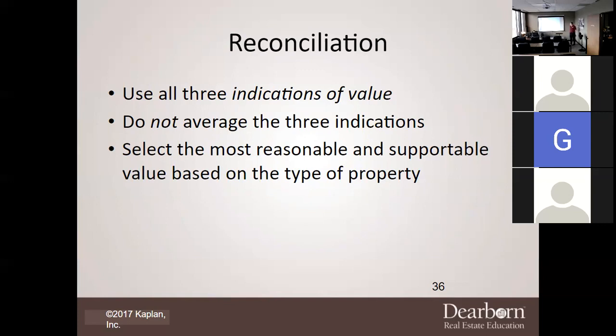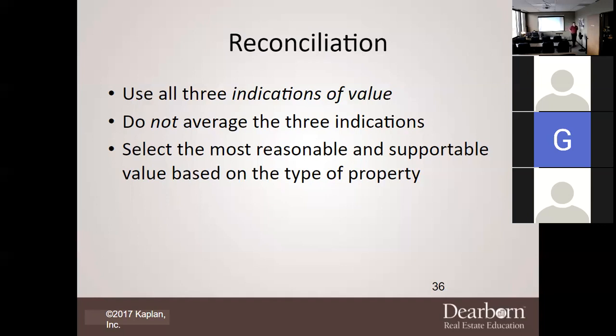You're not going to average those three values, but you're going to select the most reasonable and supportive value based upon the type of property. So you're going to come up with three different values, but you're going to then step back and look at highest and best.